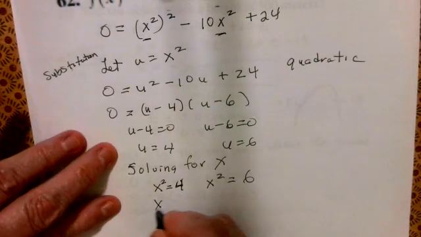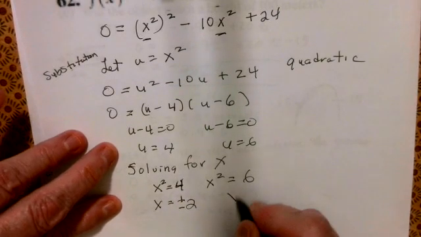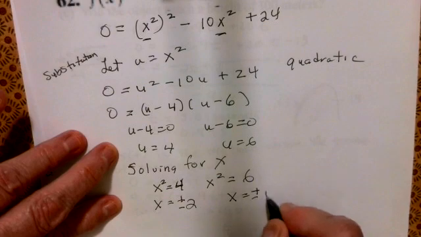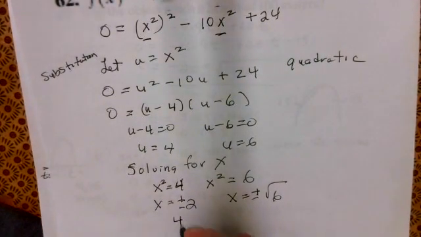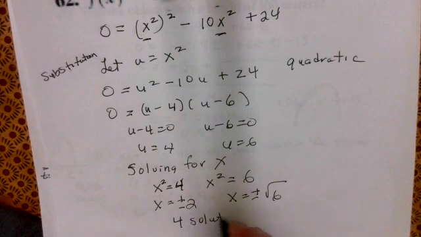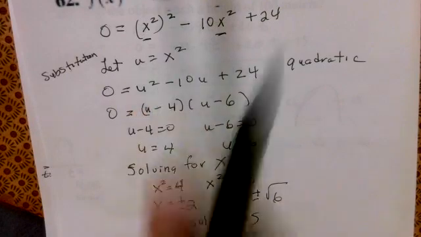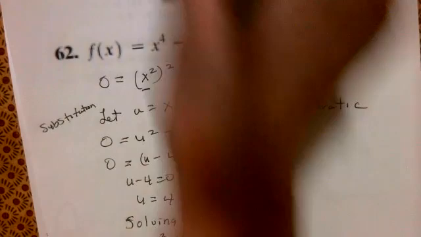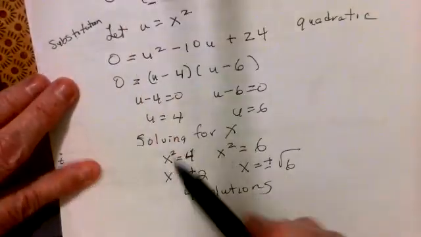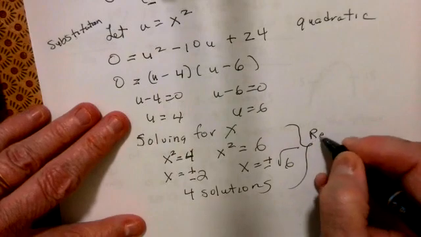Then we get x equals plus or minus the square root of 4, which is 2, or x equals plus or minus the square root of 6. Now, there are actually 4 solutions, and that's what we would expect, because it is a 4th degree polynomial. So this is really reversing the substitution, and you always need to do that.